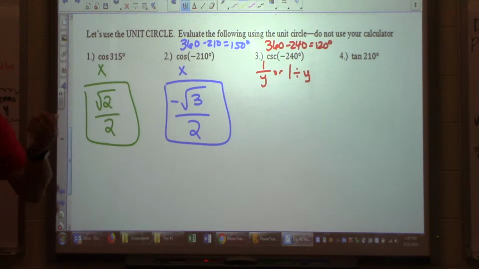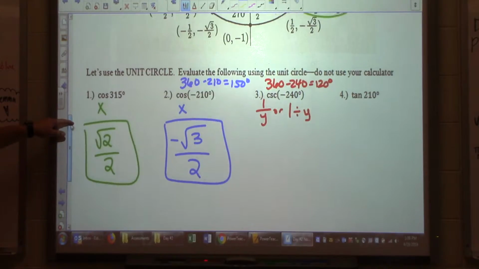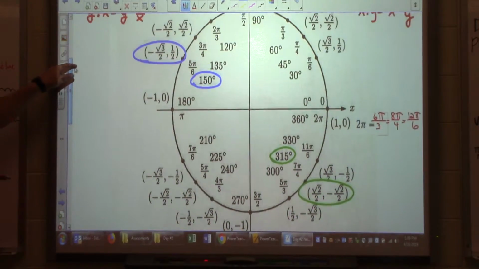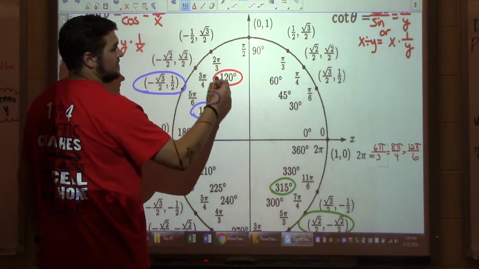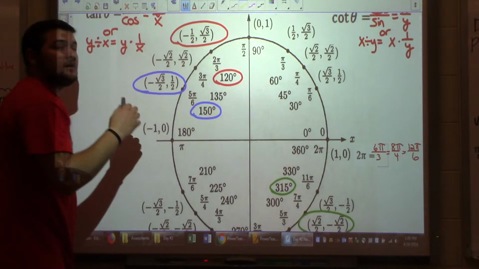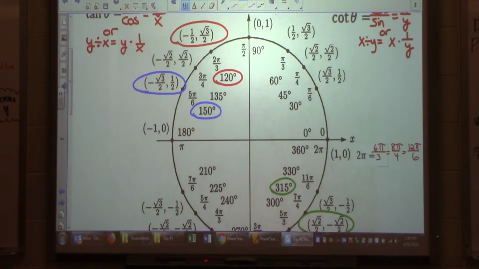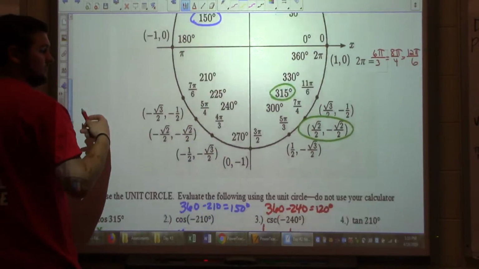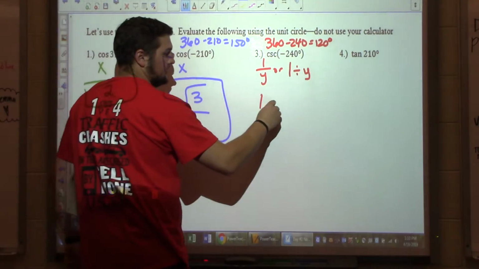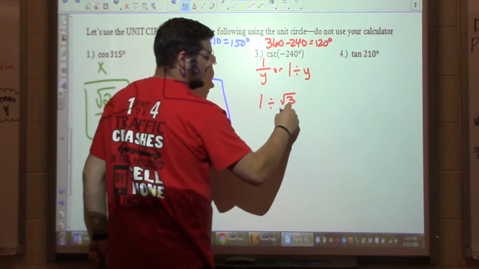Either use a negative or positive, doesn't matter, it's up to you. So I'm looking at positive 120 degrees. I want the y value, so I need to put 1 over y, or 1 divided by y. Square root of 3 over 2. Well, 1 divided by square root of 3 over 2.